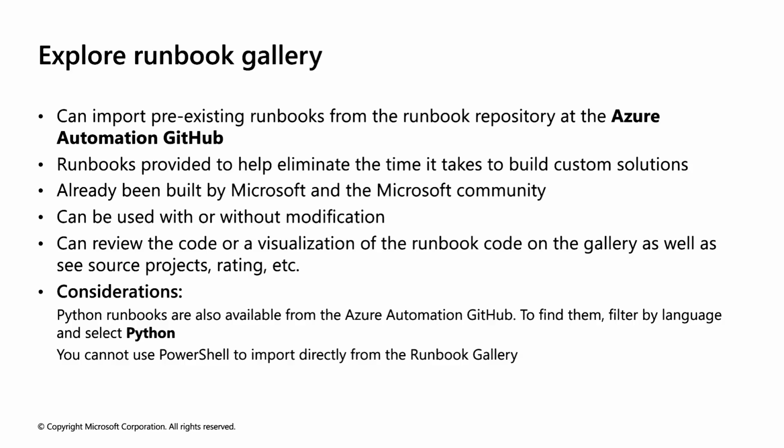We can use these runbooks as is or modify them to fit our specific needs, and the gallery provides helpful features like code visualization, source project links, and ratings to guide your selection. Python runbooks are also available. Just filter by language to find exactly what you need. This flexibility means that you can quickly automate tasks across your Azure environment, whether you're managing resources, updating systems, or integrating with other platforms.